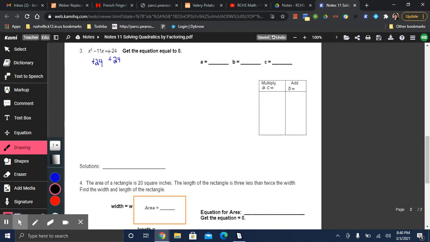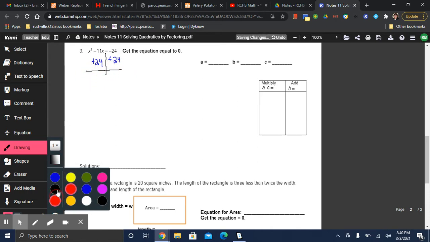Now I'm going to draw a line as a separator so that you can see that equal sign. Notice that the 24 does not have an x, so it's not a like term with any of these.